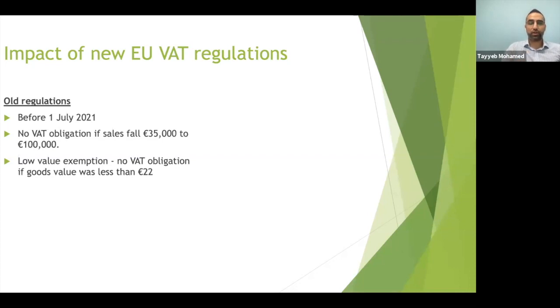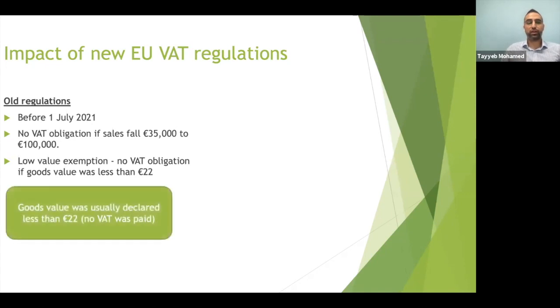Before 1st July 2021, there was no VAT obligation if your overall sales revenue was between 35 to 100,000 euros, depending on the location you were selling within EU. In addition to that, there was a low value exemption, which means there was no VAT applicable if the value of the goods was less than 22 euros.